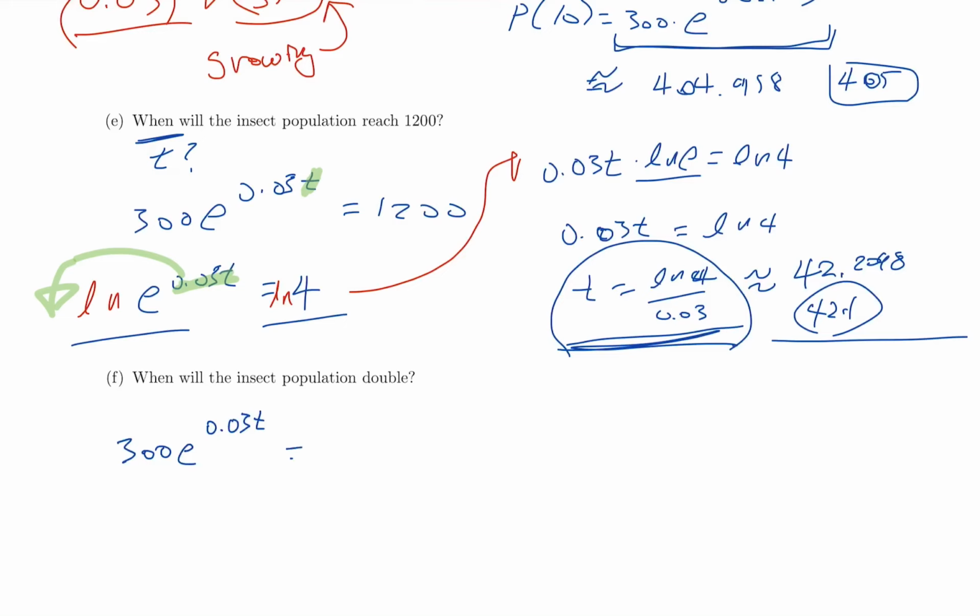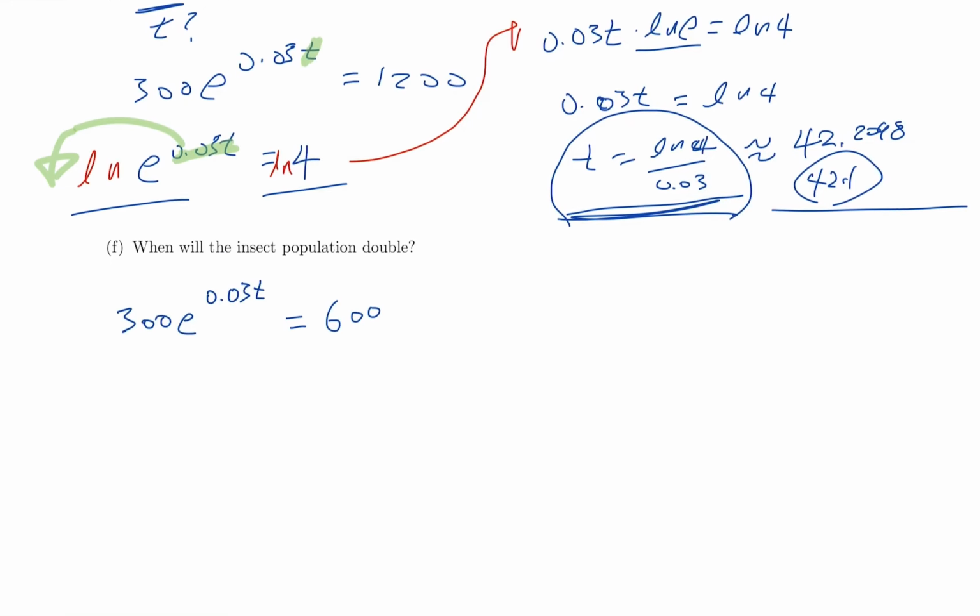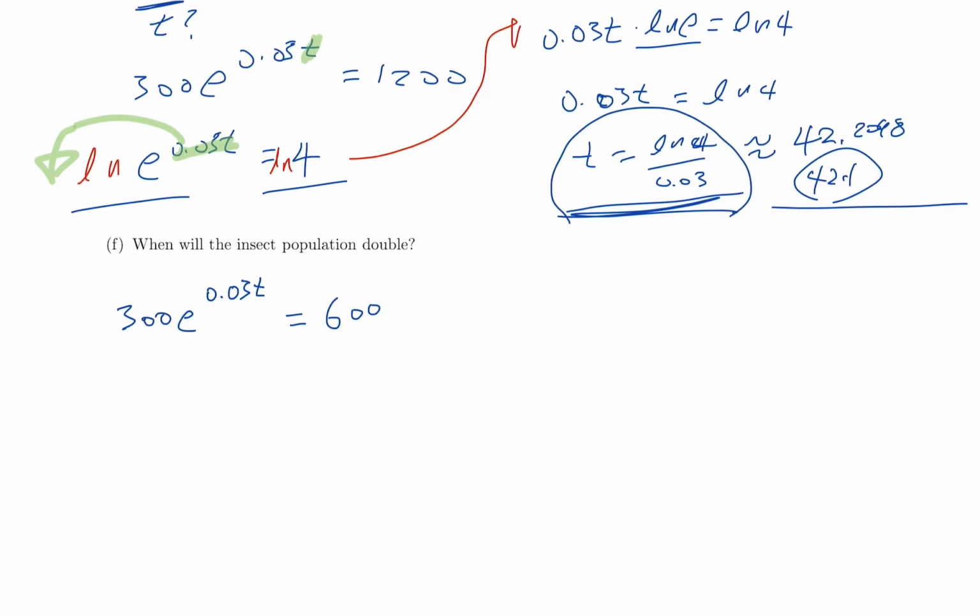So double the population will be 600, since the initial was 300. If we divide by 300 on both sides, we get 2. So essentially, double means we're solving for this expression equal to 2.